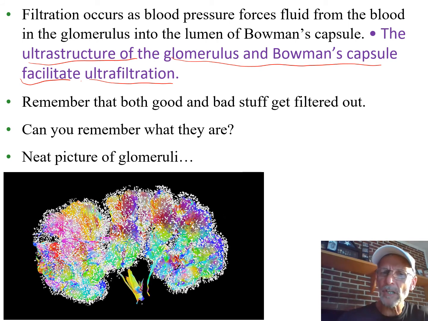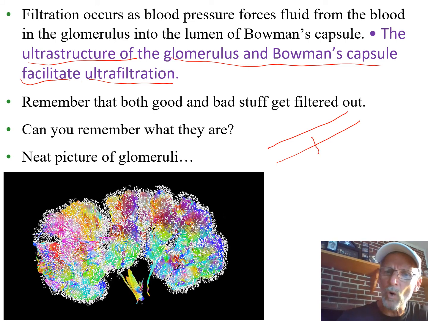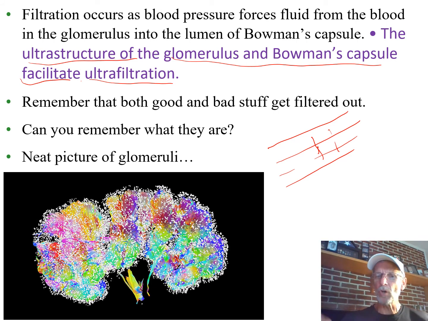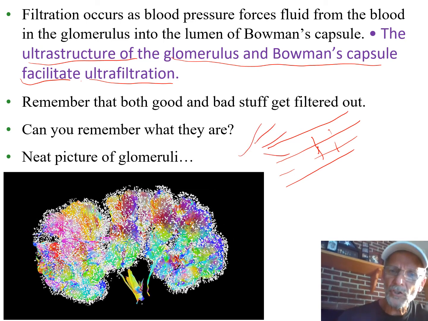What's this filtration all about? It's about stuff crossing one surface and getting into and crossing another surface from one tube, blood capillary, into another tube, nephron. In all cases, they have to cross surface. So the more surface there is, the better. And that's why you see what has evolved. These glomerulus capillaries are all branched, right?